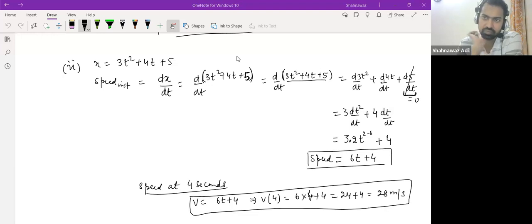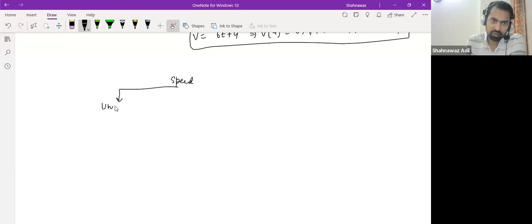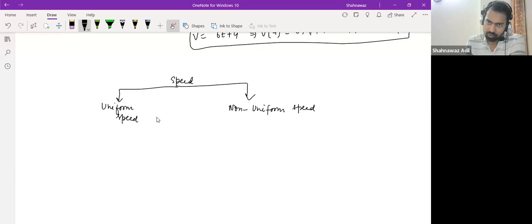Finish, sir. Yes, sir. Okay, so let me just remember this flow chart. You have speed, then you have this uniform speed, and then you have this non-uniform speed. Whenever you cover equal distance in equal interval of time, that is uniform speed.